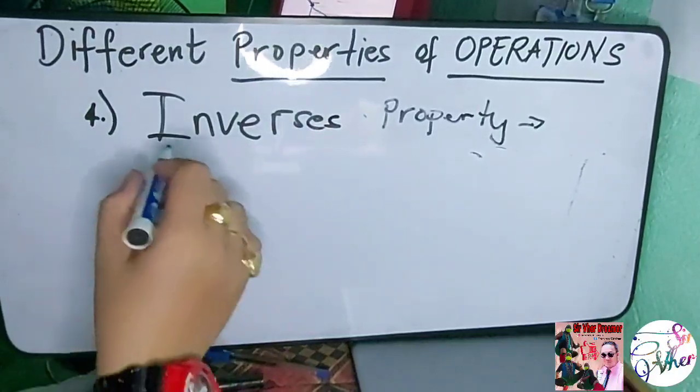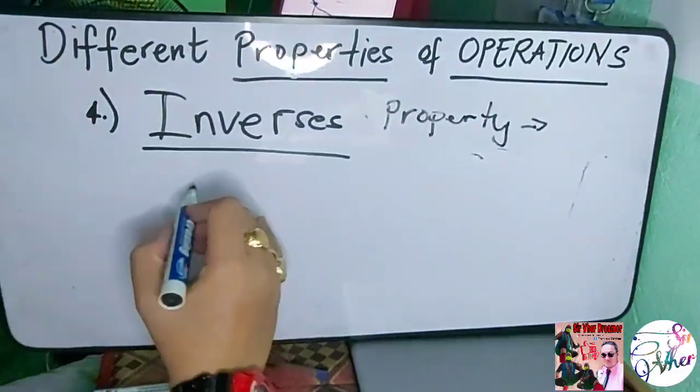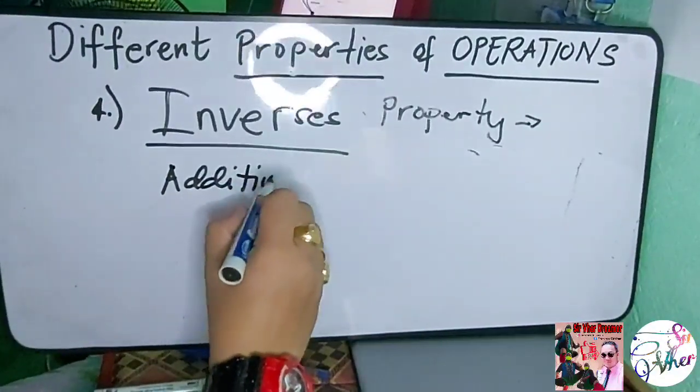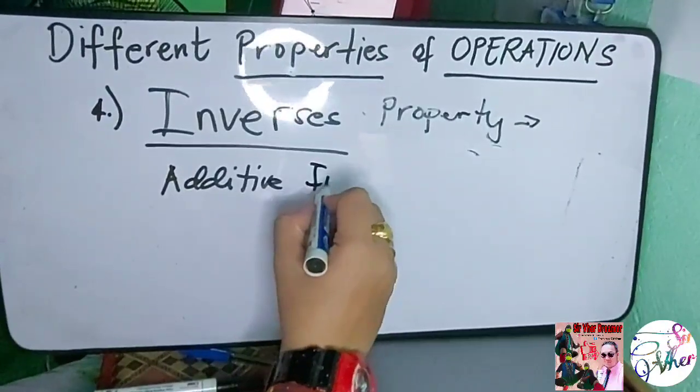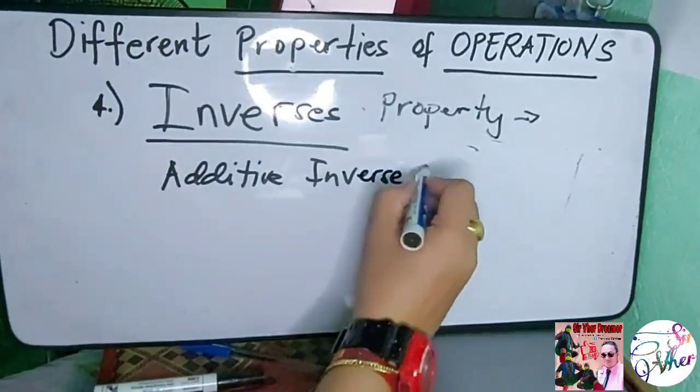Under inverses, the first one is the additive inverse property. How does this additive inverse property work?